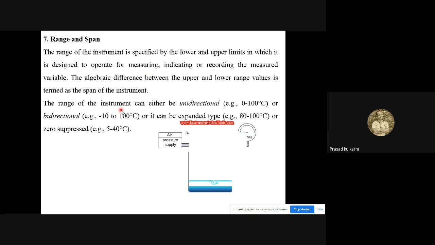Another example, the range of the instrument can either be unidirectional or bidirectional.